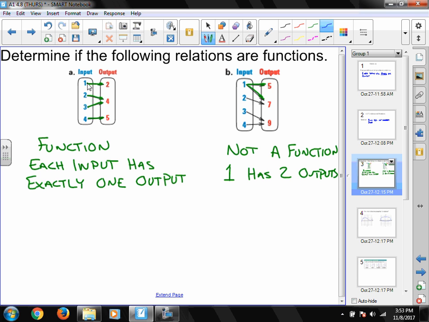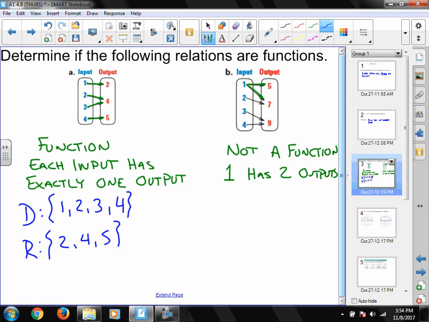Then, going back to 4.8, we talked about the domain and range. The domain is going to be all of our input values. Just a refresher on how we list those: put them in your curly brackets. Your domain, again, is all your inputs. So we're looking at 1, 2, 3, and 4 back in problem A. And our range is going to be all of our outputs, so 2, 4, and 5.